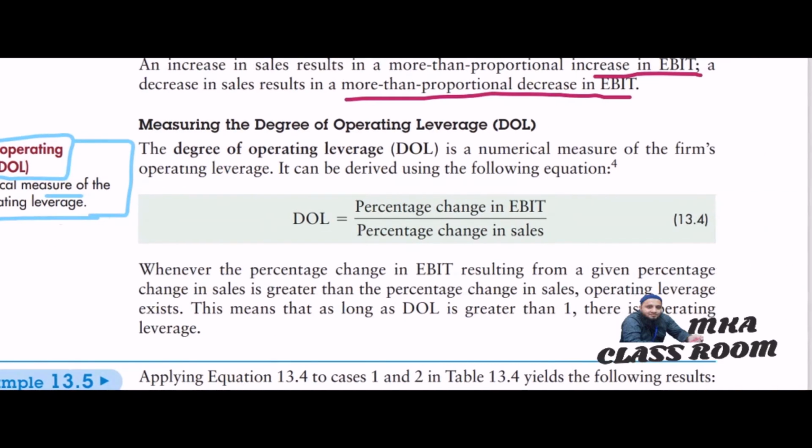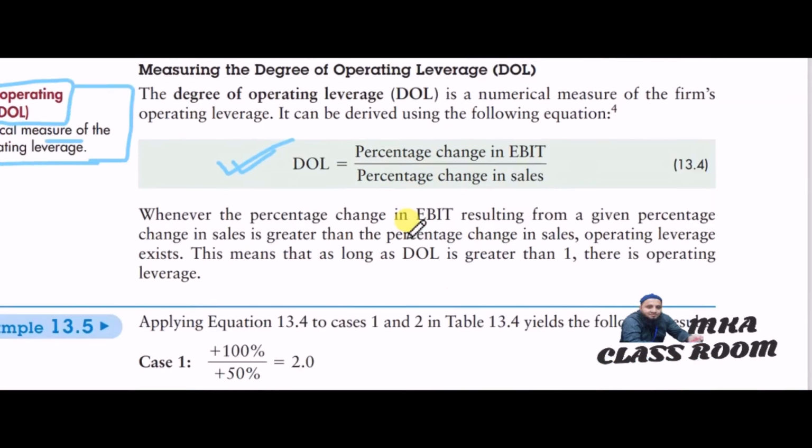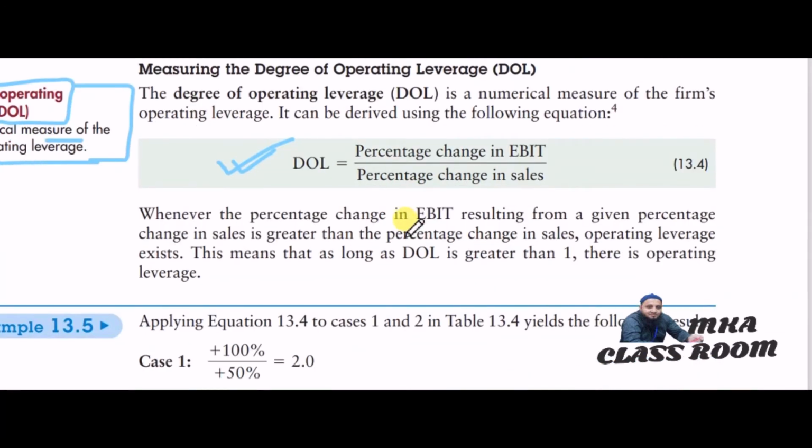It can be derived using the equation: degree of operating leverage equals percentage change in EBIT divided by percentage change in sales.